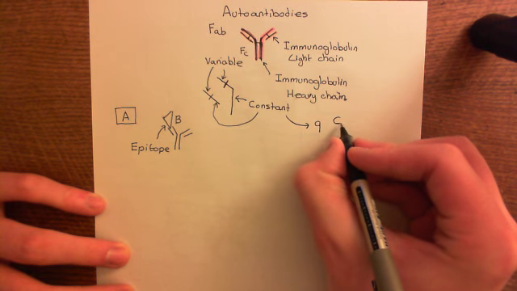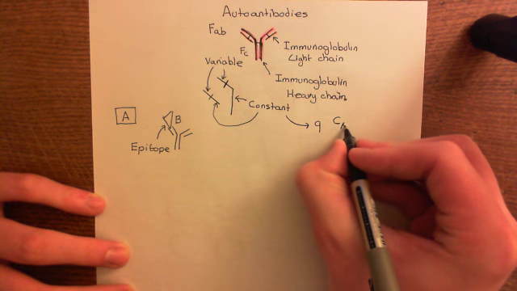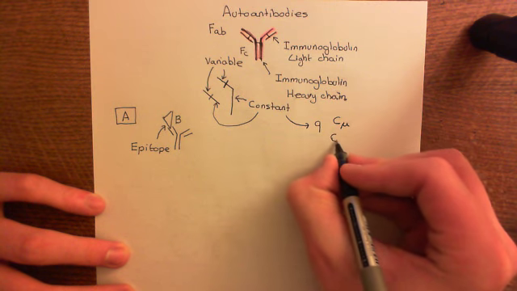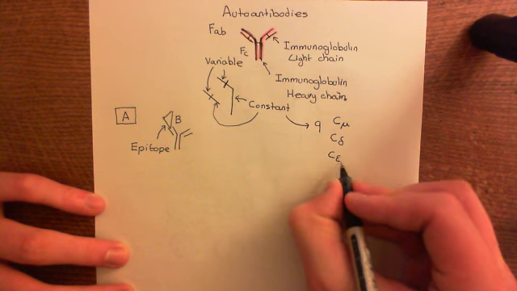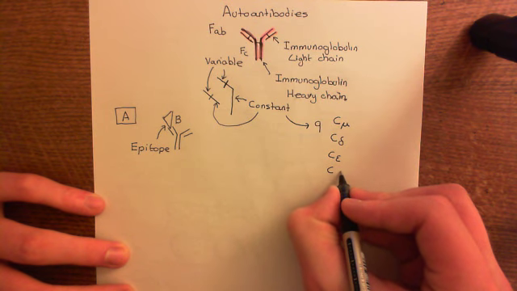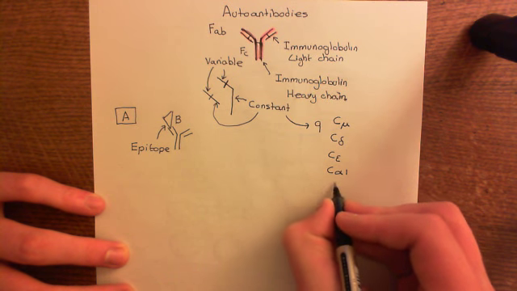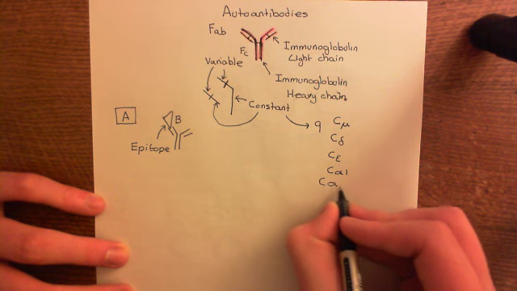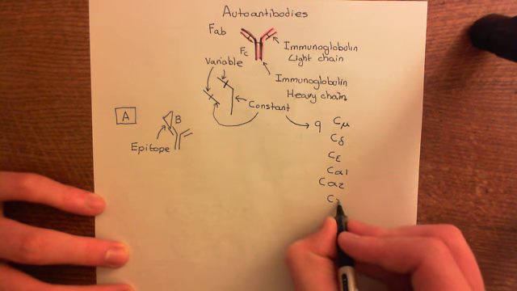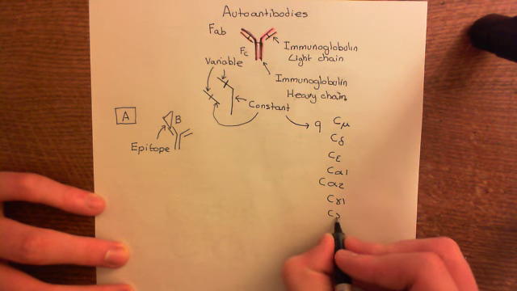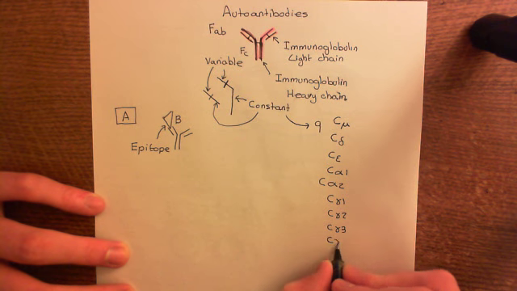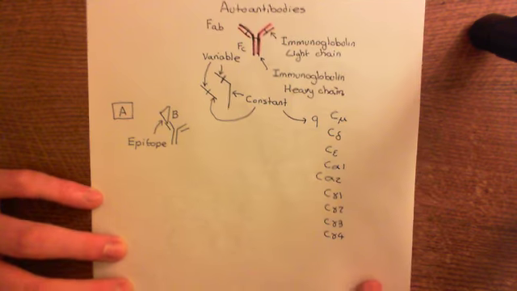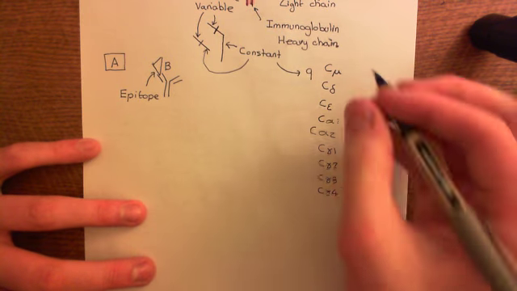So there is the constant mu region, there is the constant delta region, there is the constant epsilon region, there is the constant alpha 1 region, there is the constant alpha 2 region, there is the constant gamma 1, constant gamma 2, constant gamma 3, and constant gamma 4 region. So there are these 9 different constant regions.